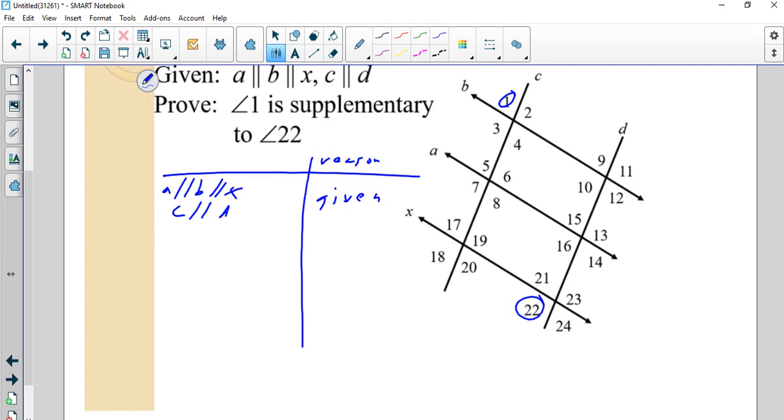But we can't just say that as a proof. So, we say angle 1, okay, and 20 are congruent. How? If lines are parallel, alternate exterior angles are congruent.